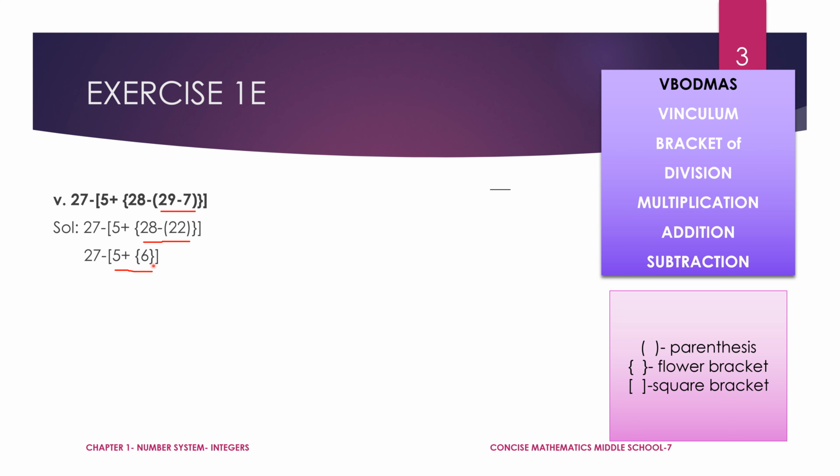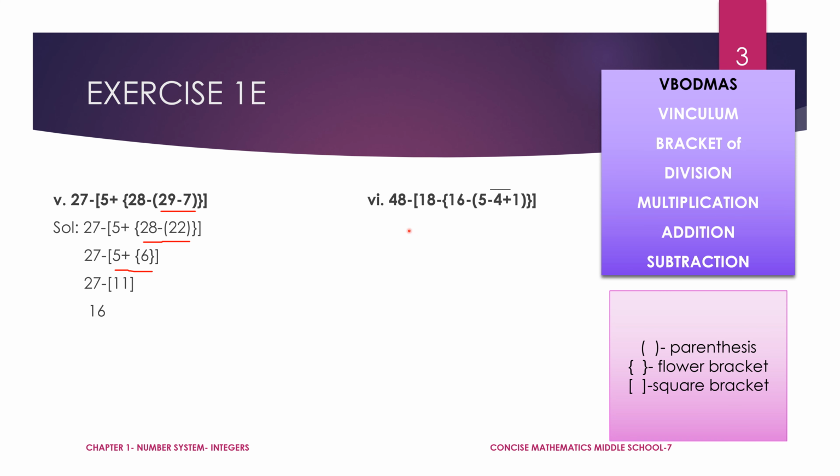Yes. 5 plus 6 is the addition. So you can do that. 27 minus 5 plus 6 will be 11. Now you can directly do the arithmetic operation for these two integers. 27 minus 11. One is having positive, the other is having negative. Put the bigger number's sign and subtract it. So it will be 16.